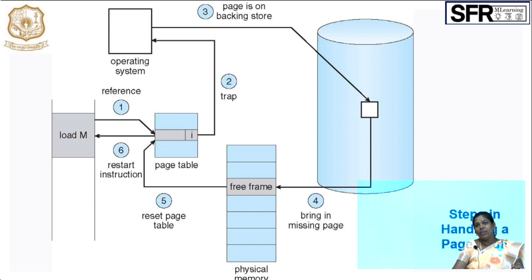How the page fault will be handled by the operating system, we will see step by step. The first step is loading the variable M, and checking whether this instruction is present in the page table or not. And step 1 is over. The bit is invalid, so it means it is not available in the page table.